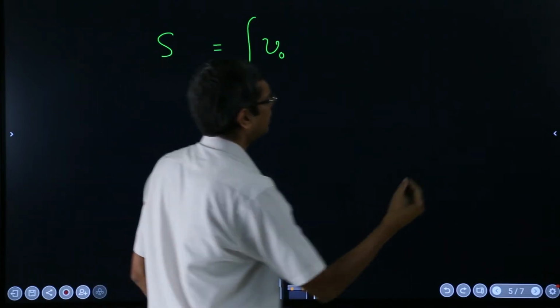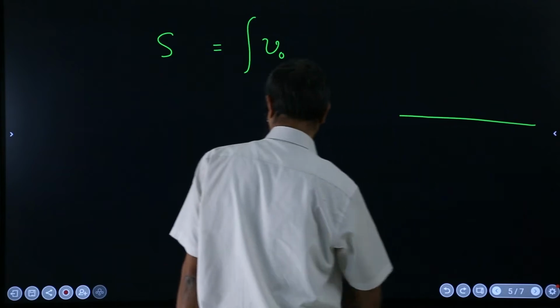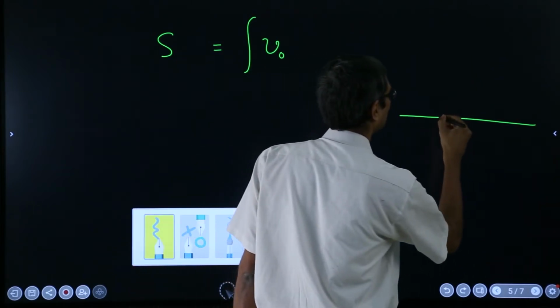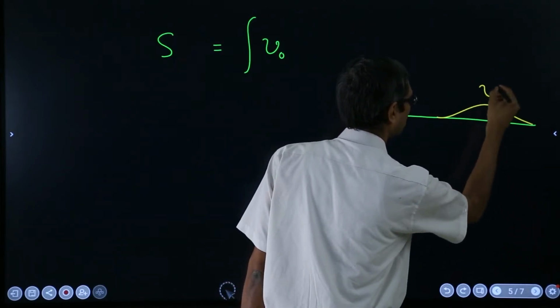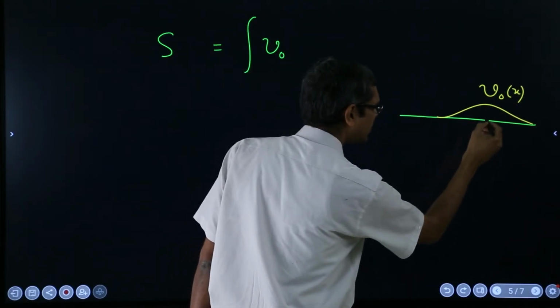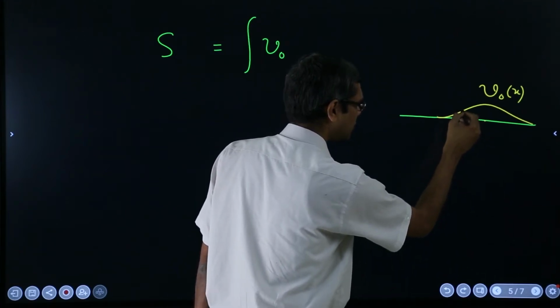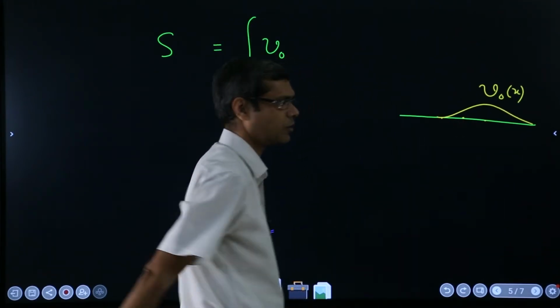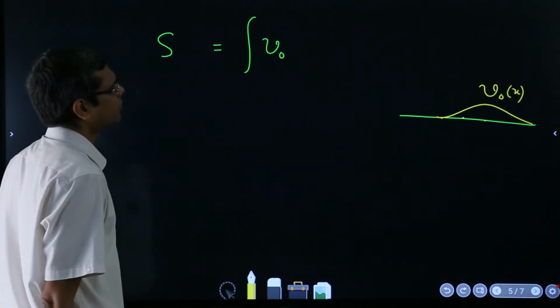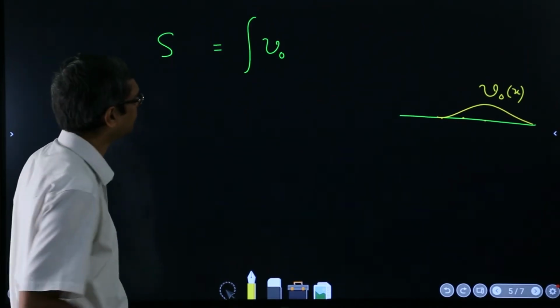Okay, that means suppose now this is my V naught x, which means that at this point velocity is maximum, and at this point velocity is low, at this point velocity is almost zero. It is the shape of the velocity profile.